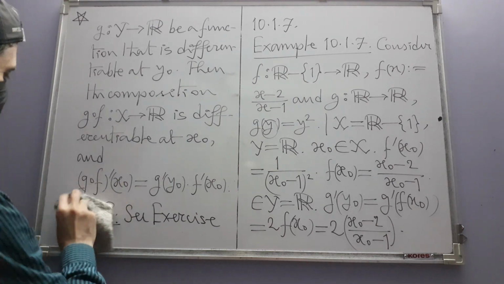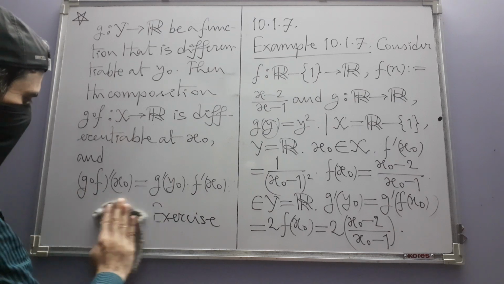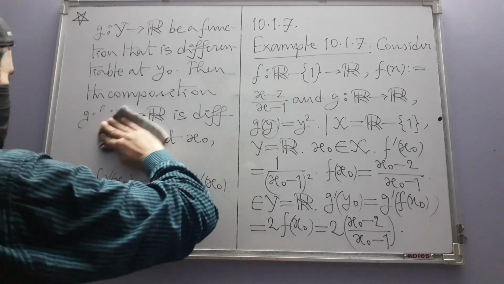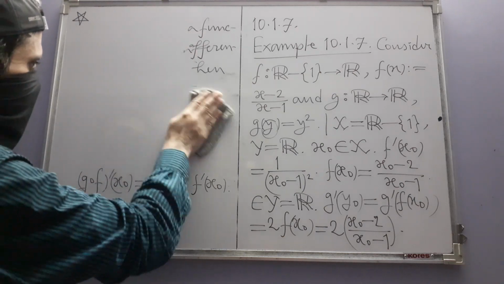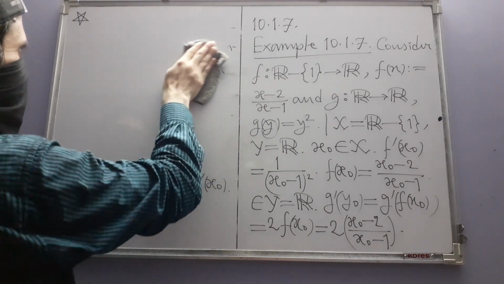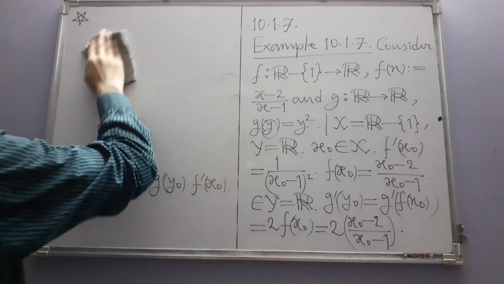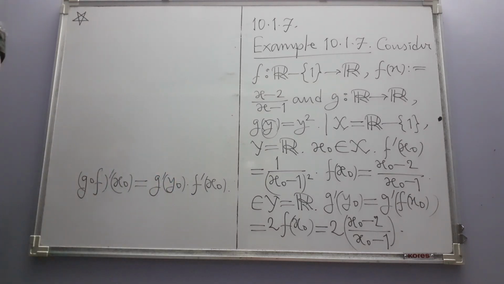So yes, we can apply the chain rule, and when we do so, we first get the conclusion that the composition of f and g is differentiable at x0, and then we get this formula.